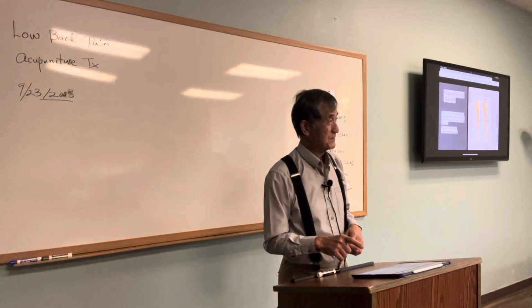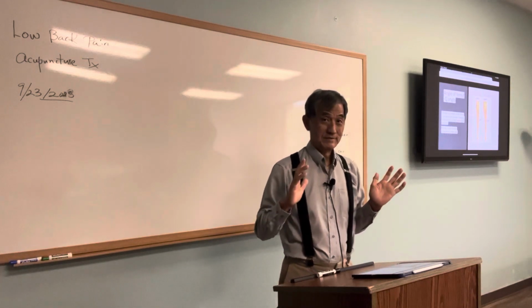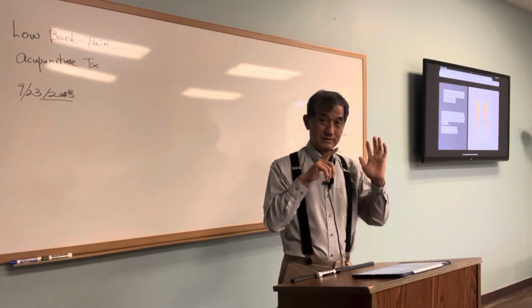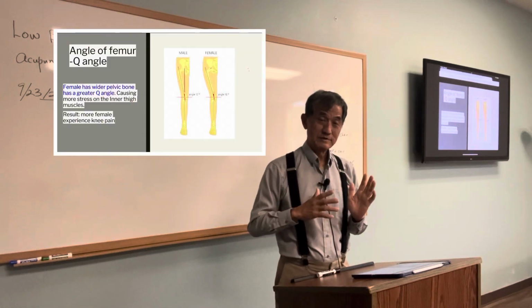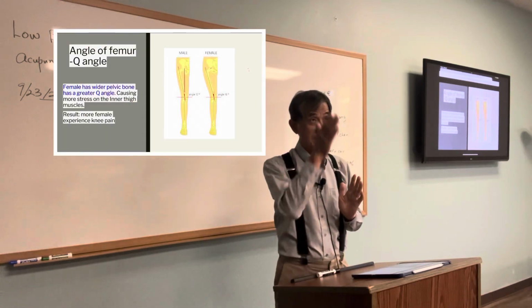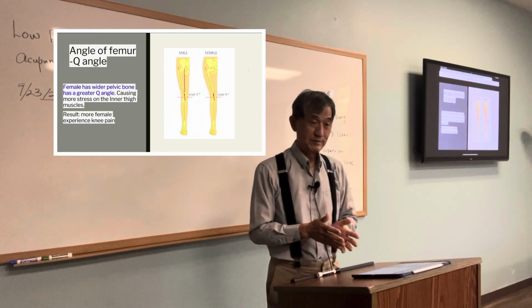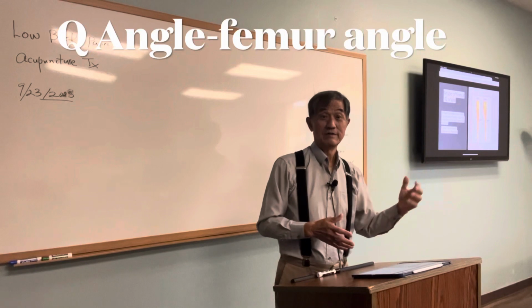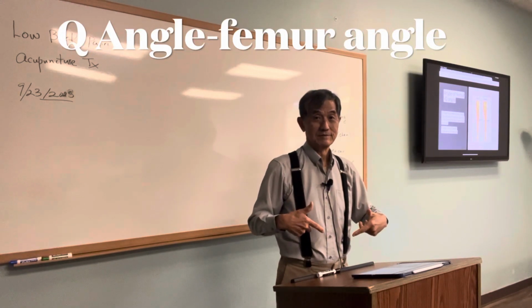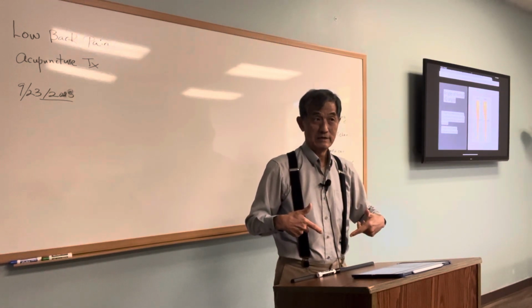You can see the difference between female and male in this, the angle of the femur. It's called the Q angle, the perpendicular line versus the actual femur bone. Females are bigger, I mean they are using more muscle. All right?